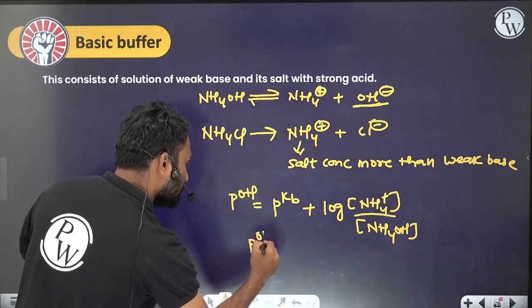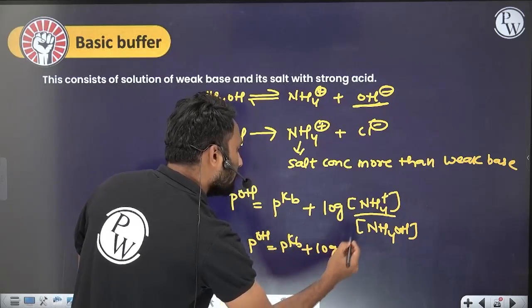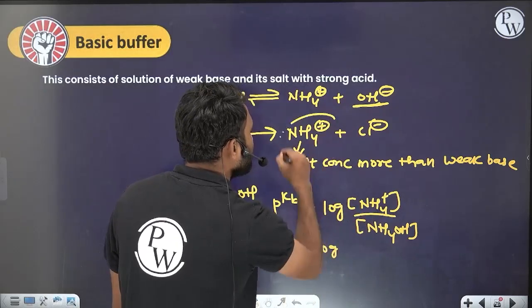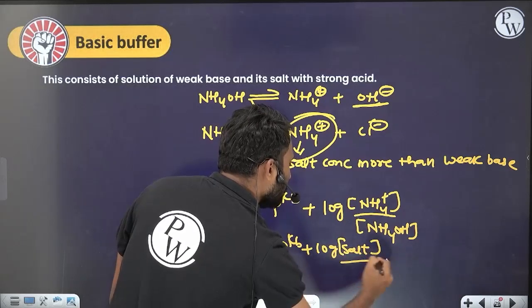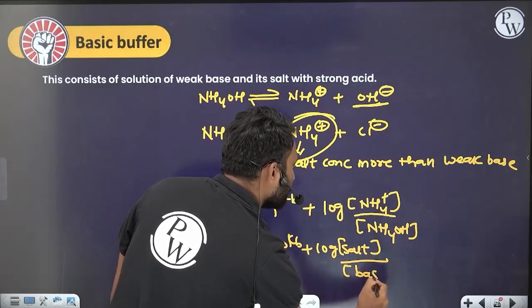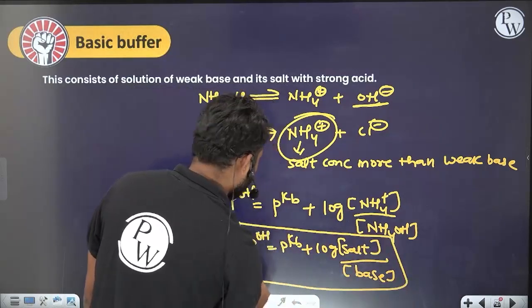Now pOH is equal to pKb plus log, since the salt concentration is more, concentration of salt by concentration of base. Now this is the formula for the pOH.